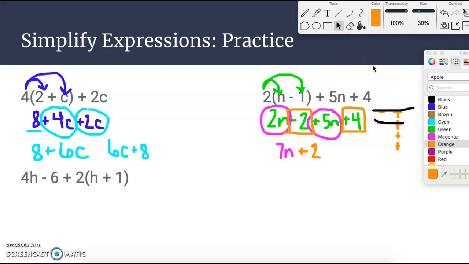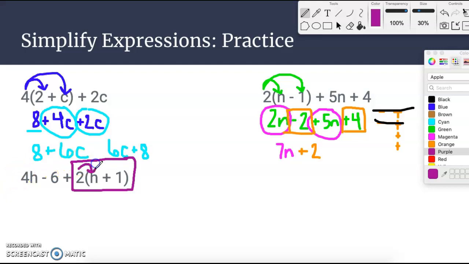4h minus 6 plus 2 times the quantity h plus 1. This one looks a little bit different because the distributive property part is at the back here. We have this 2 times the quantity h plus 1 at the end. We still have to start with the multiplying. We cannot do any adding and subtracting until we have done the multiplying first. So we start here and we're just going to ignore this part for right now.